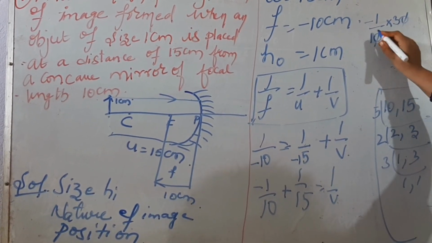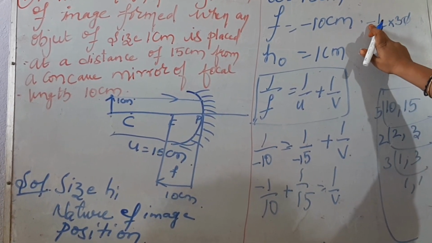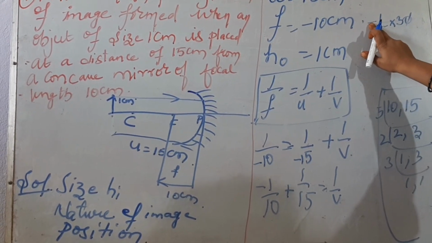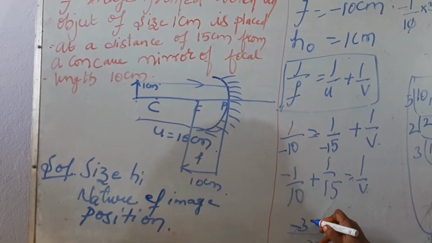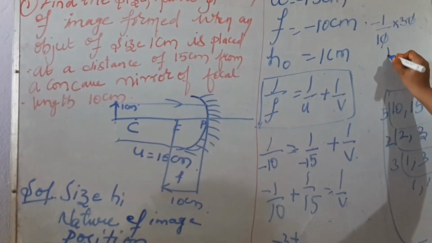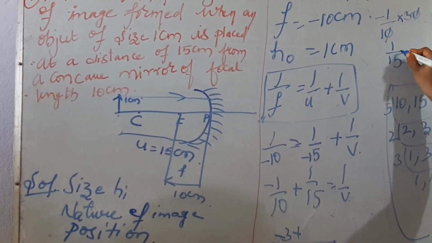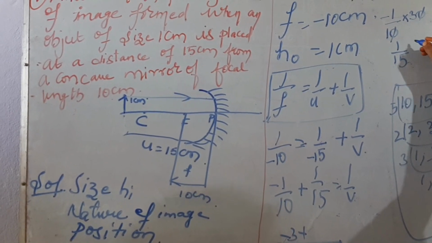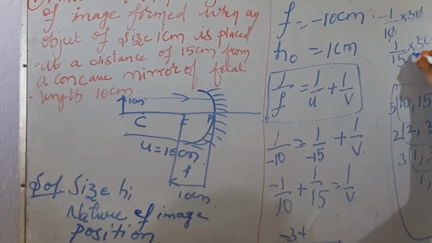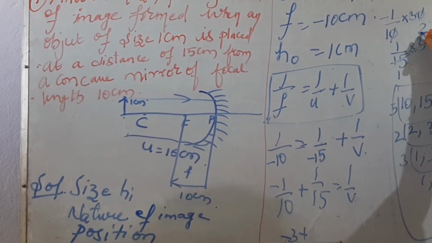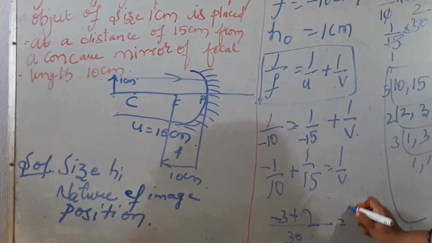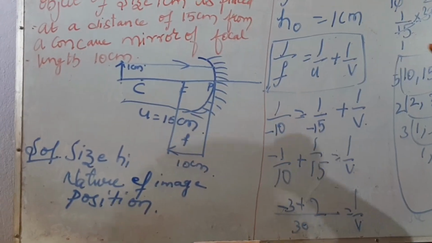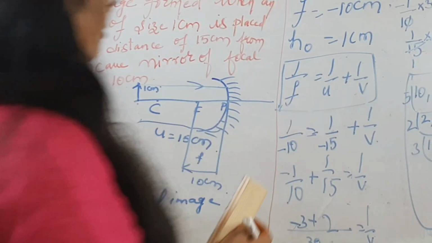Now minus 1 by 10, into 30: the zeros cancel, 3 into 1, so minus 3. Plus 1 by 15 into 30, 15 2s are 30, gives 2, is equal to 1 by v.